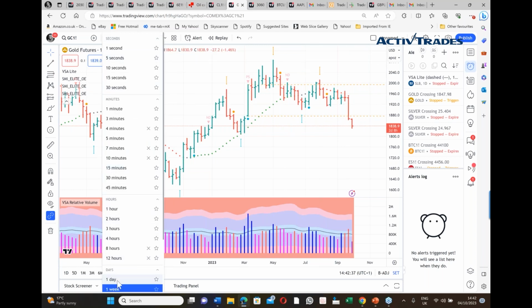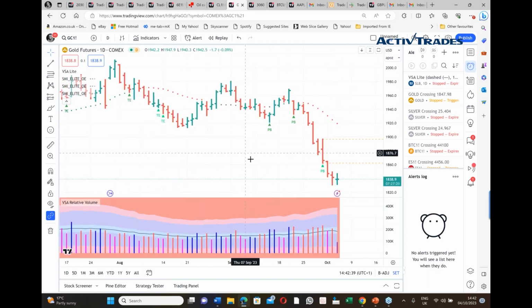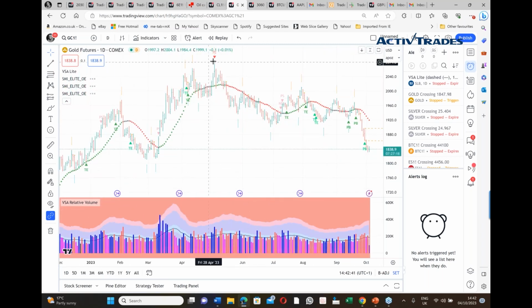And if you look at the daily chart, well, we saw it back here, the selling at the top. Now, I've listened to lots of very experienced traders and bankers saying gold is now the safe haven back here in May of this year.